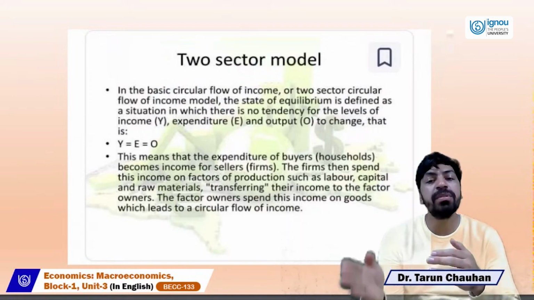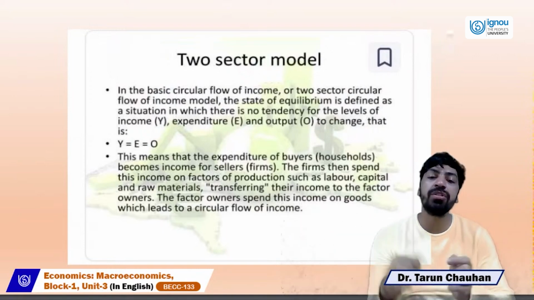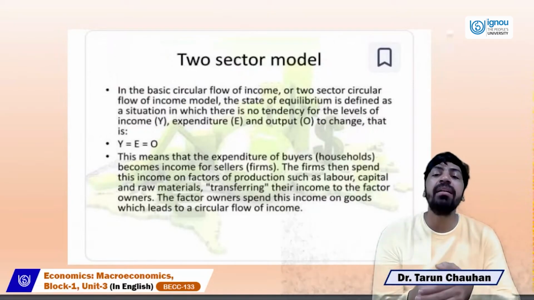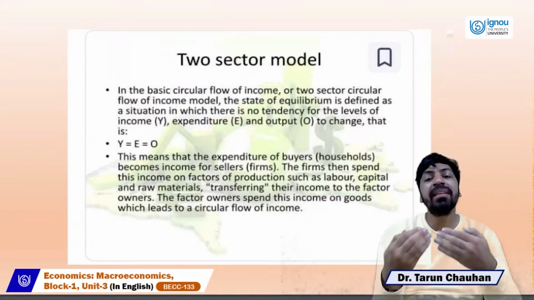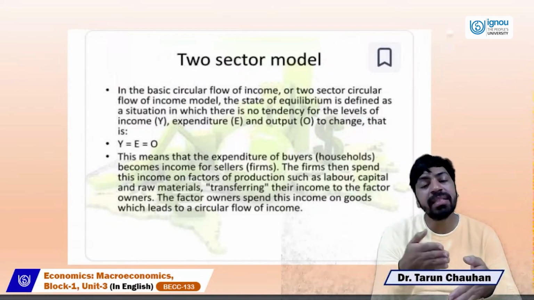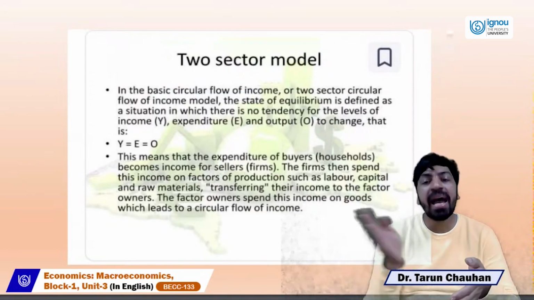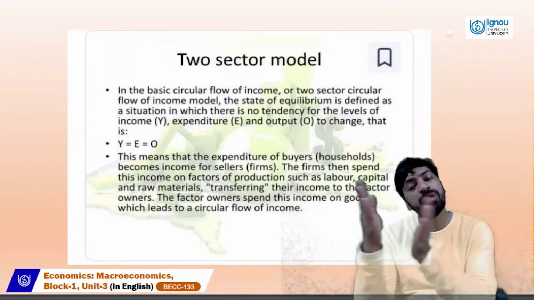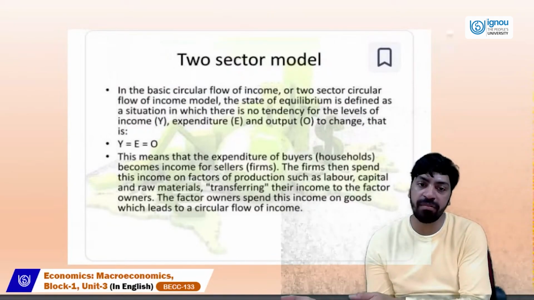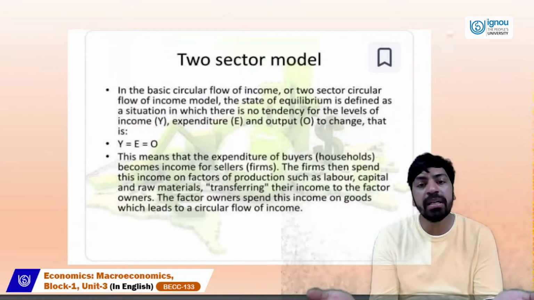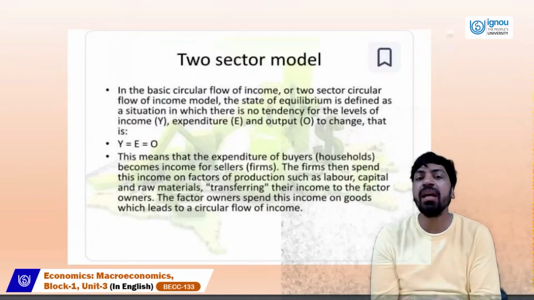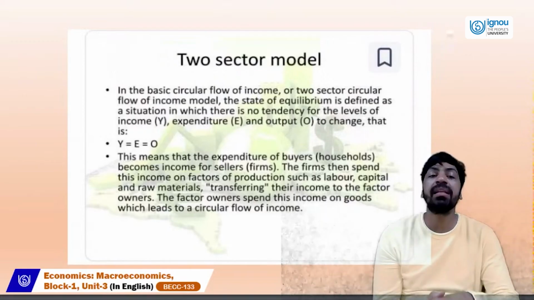First, to provide the four factors of production to the businesses, and whatever income they get, they use the same income to buy the goods and services from those businesses or firms. So this is called a circular flow of income in the case of the two sector model.